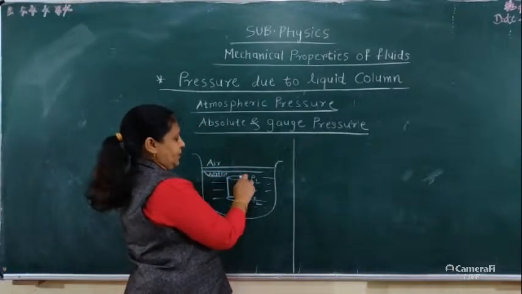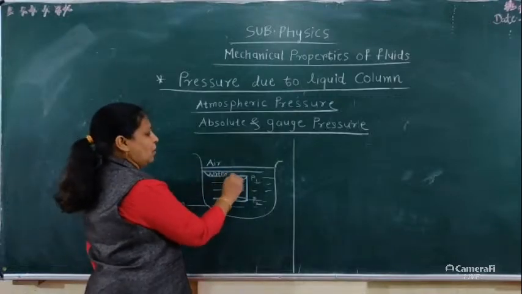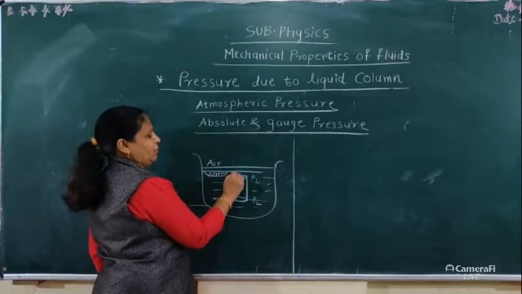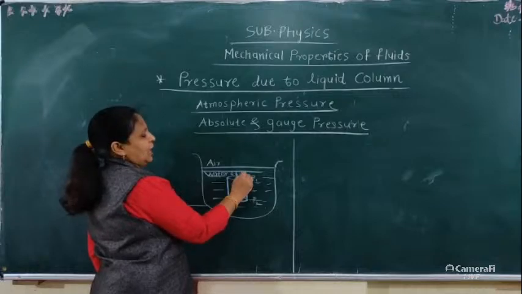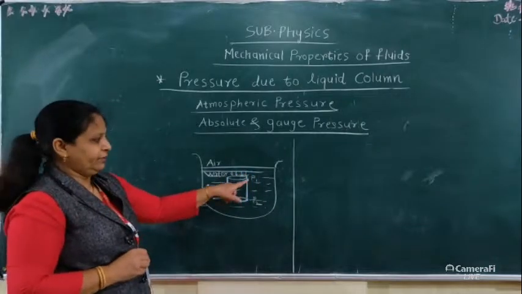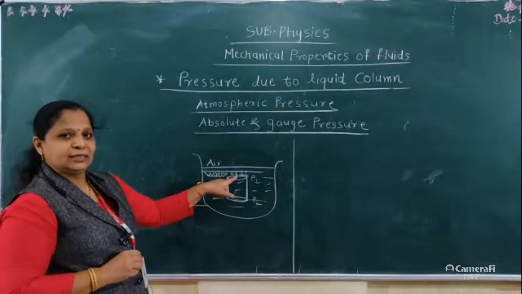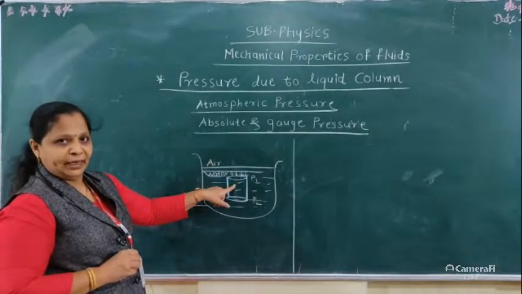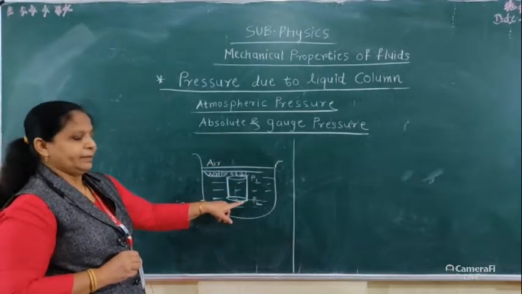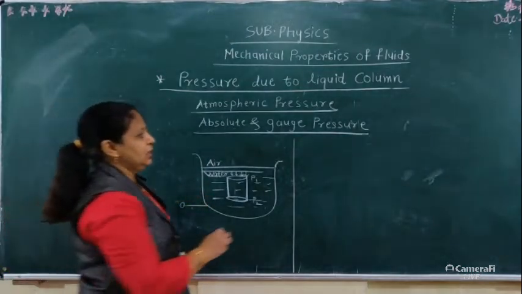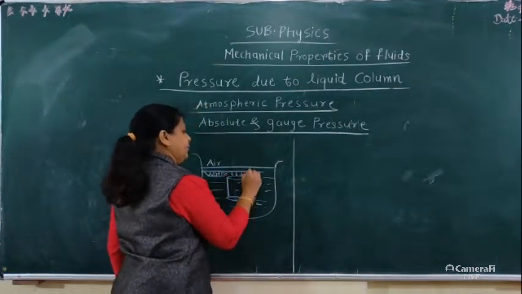On the top surface, the liquid column above the cylinder, means liquid molecules which are above the cylinder, exert pressure on the top surface of the cylinder. So this force is known as F1.